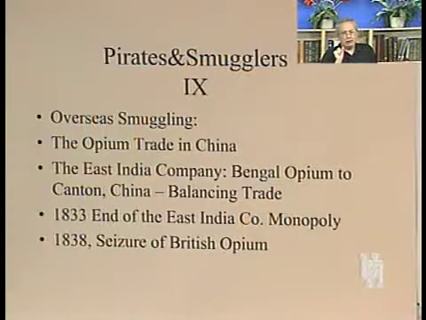It was being produced in particular at this time in northeastern parts of the Indian subcontinent, between there and Burma, what was called Burma at one time. That this product was being brought to China during this period by Europeans and began to become a significant problem.